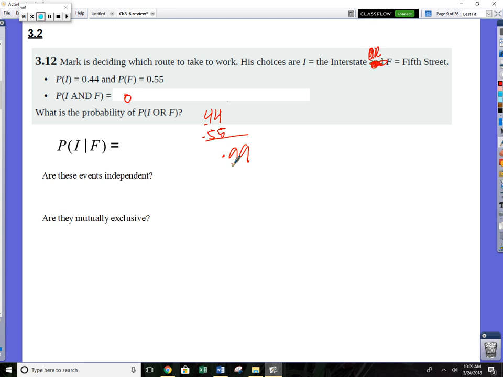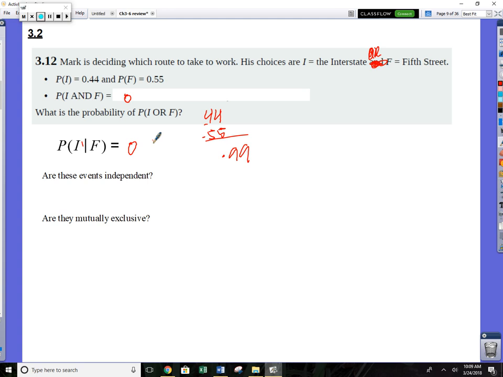Okay. Now, what are the chances of him going on the interstate given that he chose to go the freeway? And that's going to be 0, because if he's going the freeway, he's locked in the freeway the whole time. Or 5th Street, he's not going to ditch it and go on the interstate.